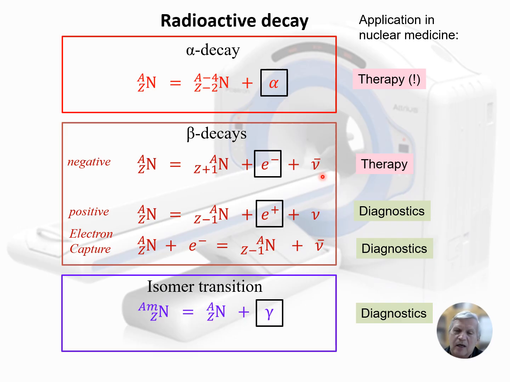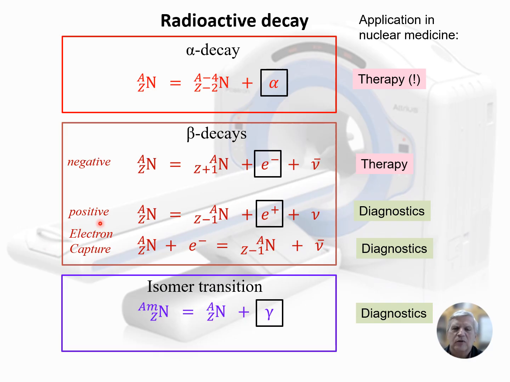You don't have to care about that because it is even extremely hard to detect. So it causes no danger, and it is not possible to use it for medical purposes. However, the electron, once it forms in a tissue, has also a destructive power, not so destructive as the alpha particle, and still it is used for therapy.